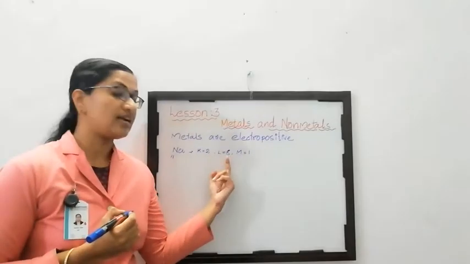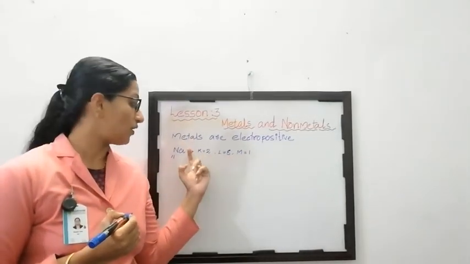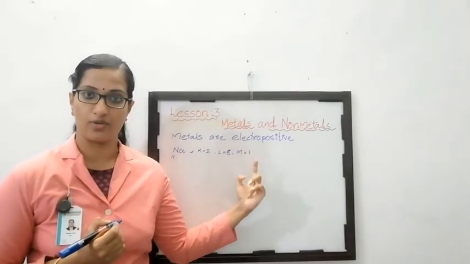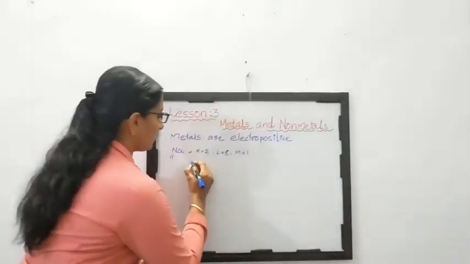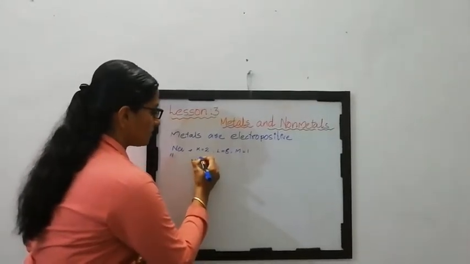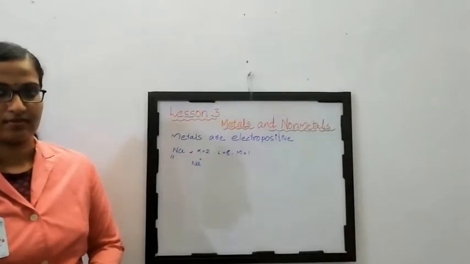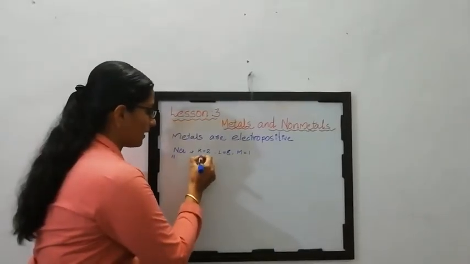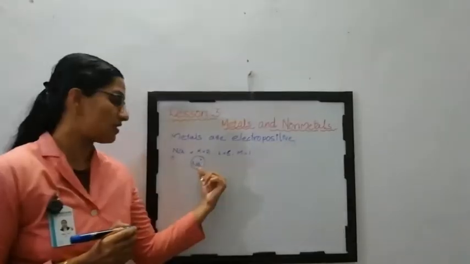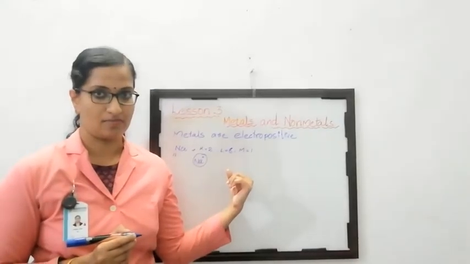In order to attain stability, the sodium will lose the 1 electron present in the outermost shell. So when sodium loses 1 electron, it gets a positive charge. Sodium is a metal because it loses 1 electron and attains a positive charge.